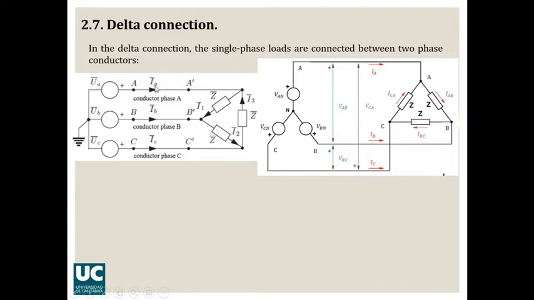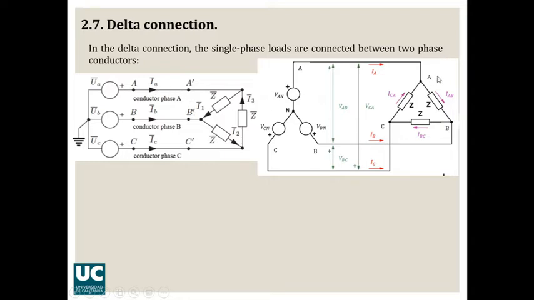In this node we have IA entering and I3 entering, and I1 which is flowing outside that node. So we can apply here the first Kirchhoff's law and then find the relationship between these three currents. But you can understand that they are not going to be equal. IA is not going to be equal to I1.